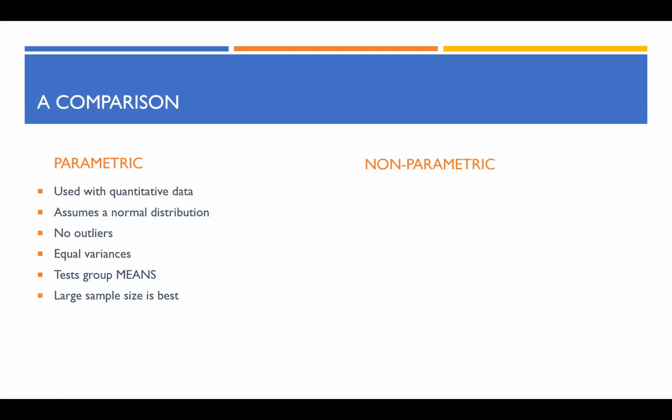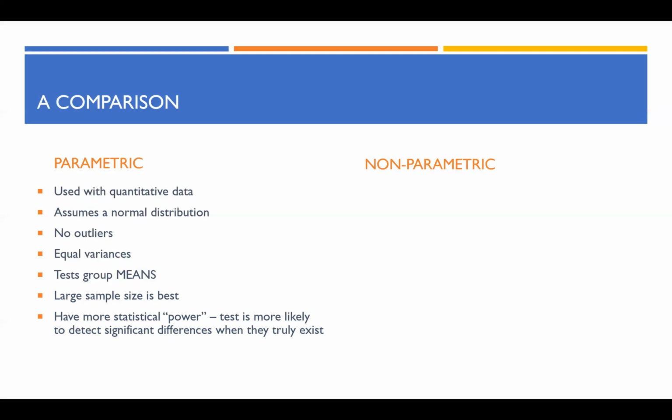For a parametric test, having a large sample is best. Again, that's typically a sample size of 30 or more, because then that allows us to assume the normal distribution under the central limit theorem. And the other thing is that a parametric test has more statistical, quote, power.